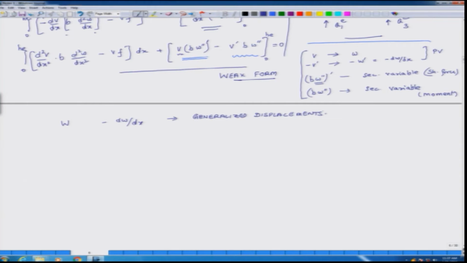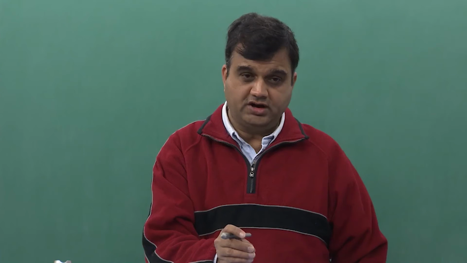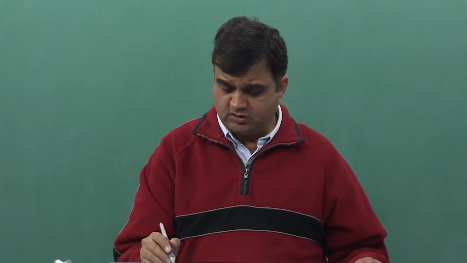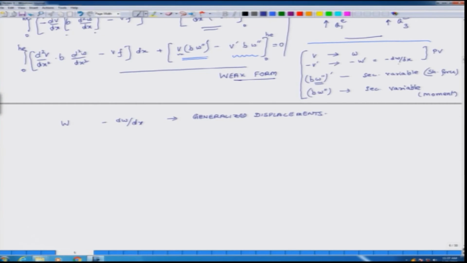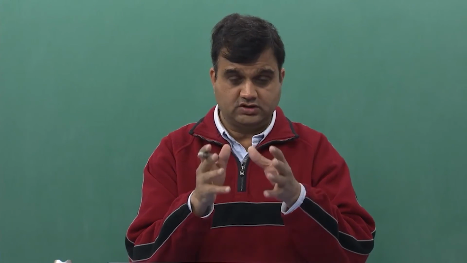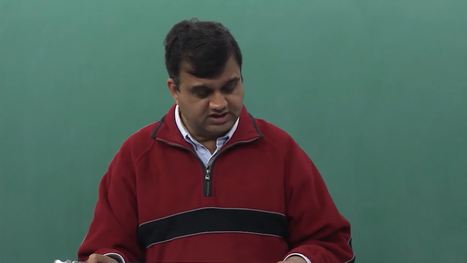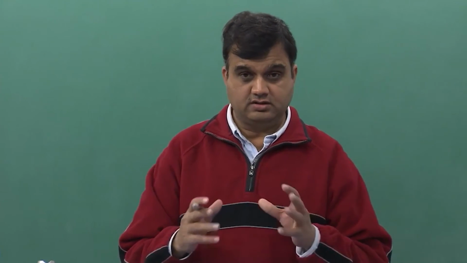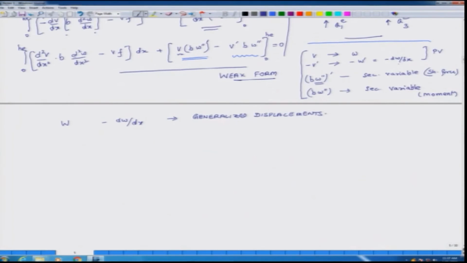It is not strictly a displacement, because we think of displacement as the movement of a point A to another point B, but this is a generalized displacement because W and dW over dx are also degrees of freedom, and they are mutually independent. Okay.